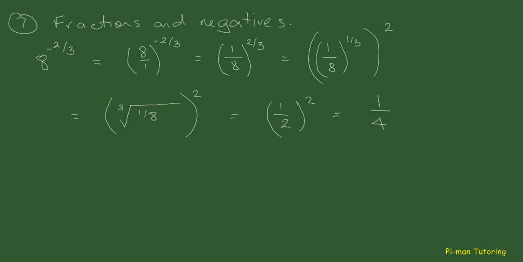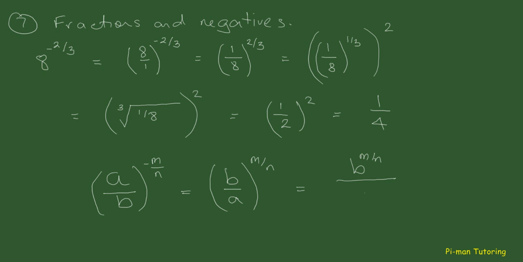And so generically, we could write that as a over b to the power of negative m over n is the same as b over a to the positive m over n, which is the same as b to the m over n divided by a to the m over n, which is the nth root of b to the power m divided by the nth root of a to the power m.